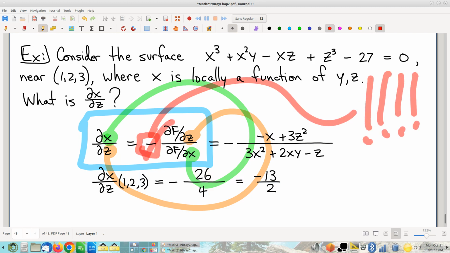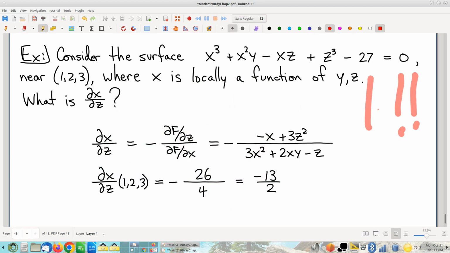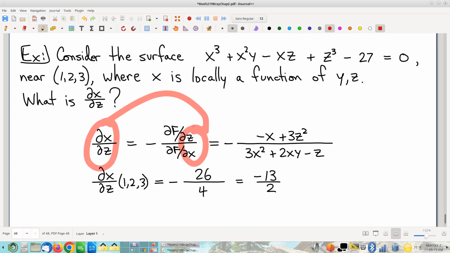Make triple sure to remember that minus sign. Everybody on board? Everybody good? In fact, word of advice, I would encourage you to, as you start to write this formula down, don't start thinking first about which fraction you are, which partial divided by which partial.